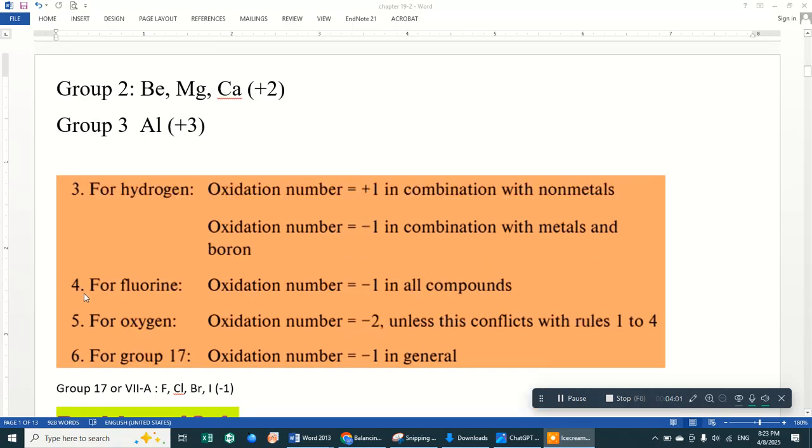Other elements have a permanent oxidation state. The most common oxidation state shown by the halogens, fluorine, chlorine, bromine, and iodine, is -1 because these are non-metals.